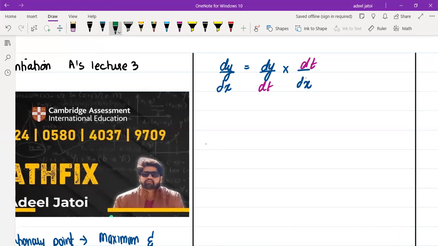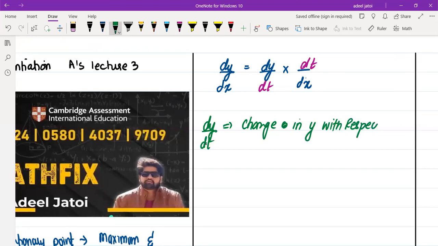Now since dy upon dx represents the gradient at that point, what does dy upon dt represent? dy upon dt represents change in y with respect to time.